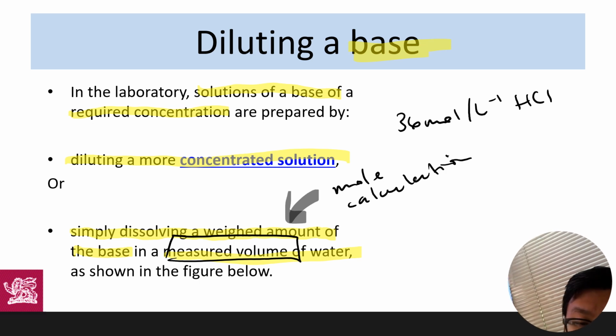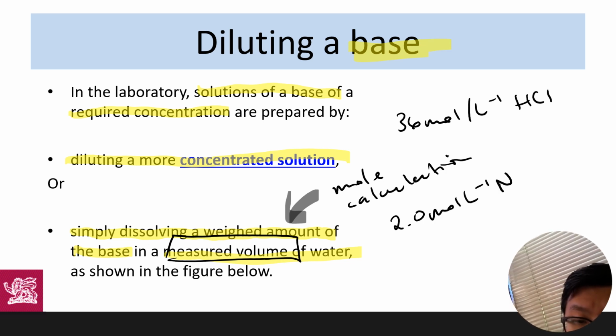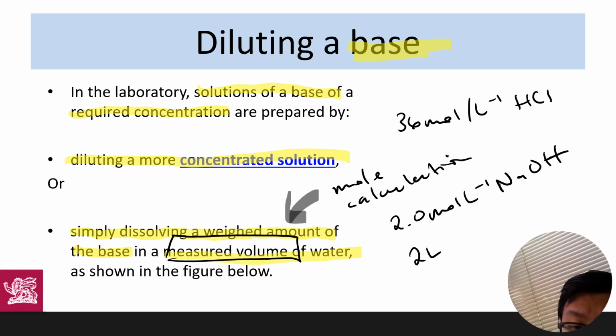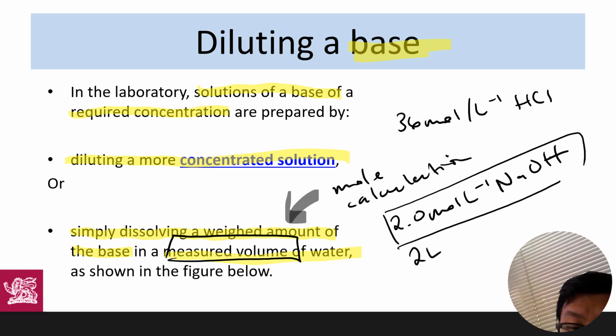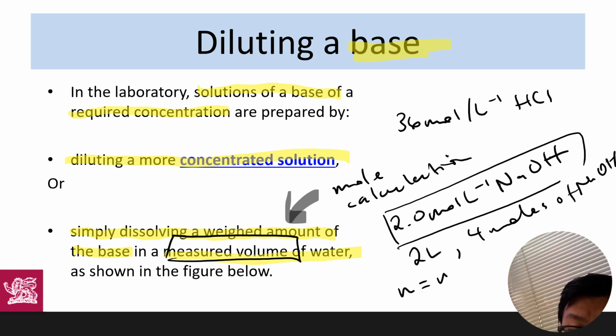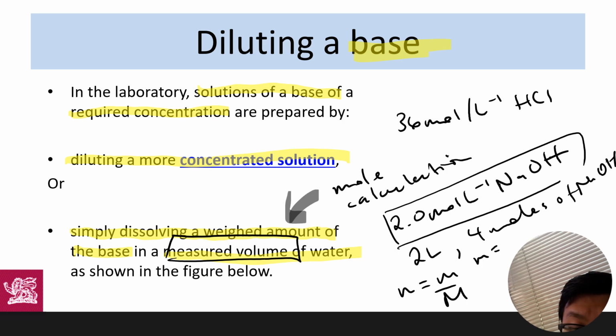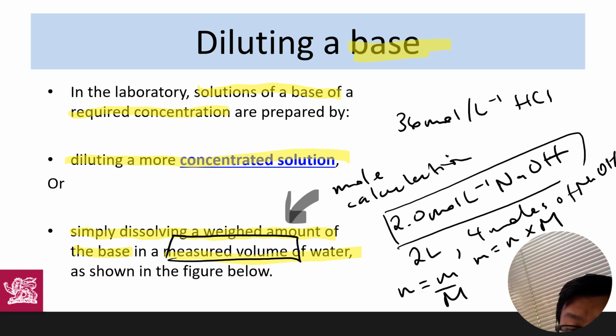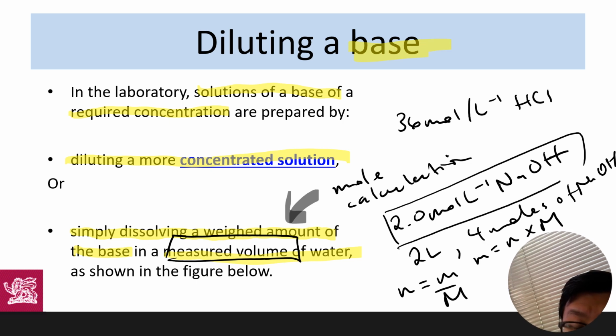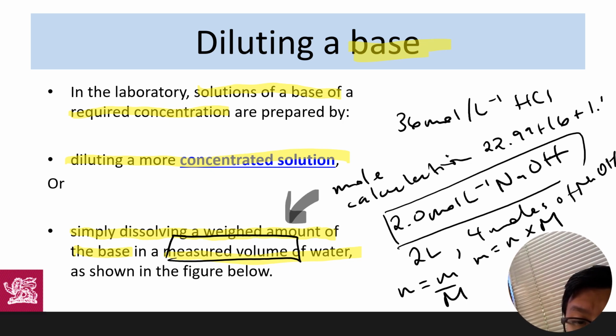So if you wanted to make, I don't know, 2.0 moles per liter NaOH, for example, and you wanted to make 2 liters of it, you would figure out, well, in 2 liters of this concentration, I would need 4 moles of NaOH, and then you would just do n equals m over M, rearrange it to become mass is equal to number of moles times molar mass, and then you would go 4 times the molar mass of sodium hydroxide, which would be 22.99 plus the 16 plus the 1.01.